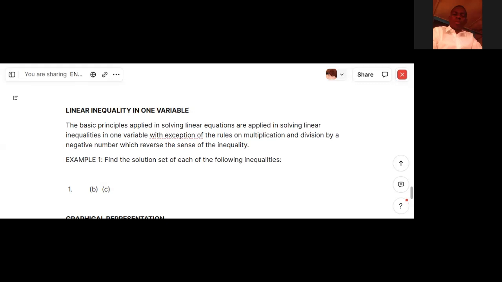That's just a slight difference. Okay, so we have examples.